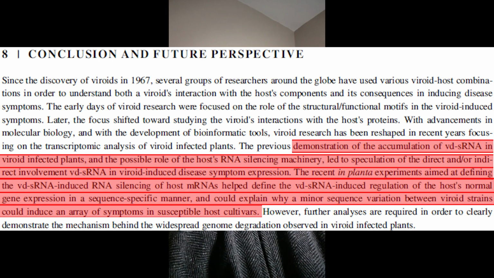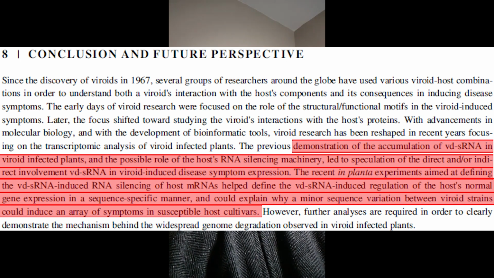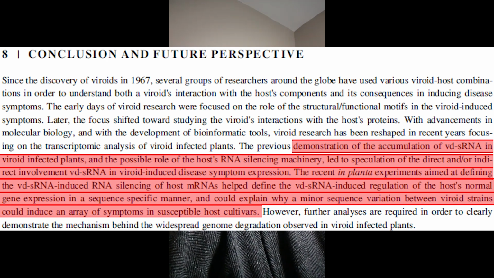The recent in planta experiments aimed at defining the viroid small RNA-induced RNA silencing of host messenger RNAs helped define the viroid small RNA-induced regulation of the host's normal gene expression in a sequence-specific manner, and could explain why a minor sequence variation between viroid strains could induce an array of symptoms in susceptible host cultivars.